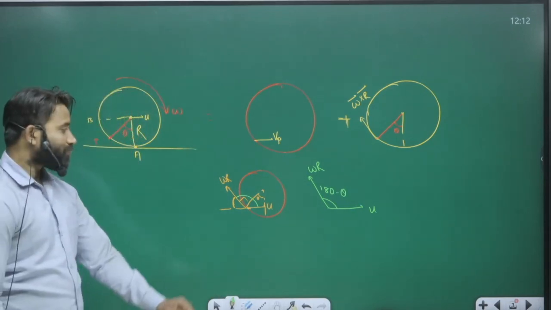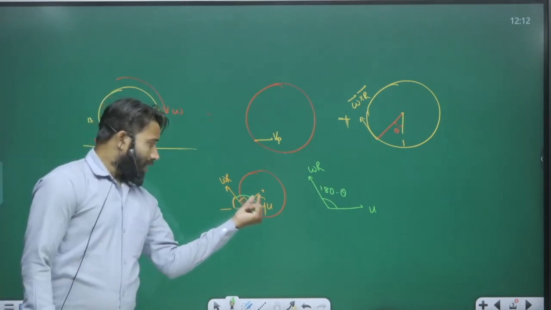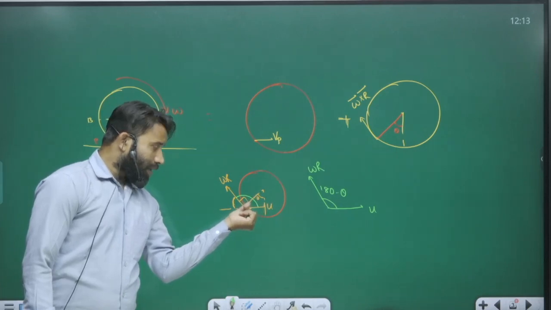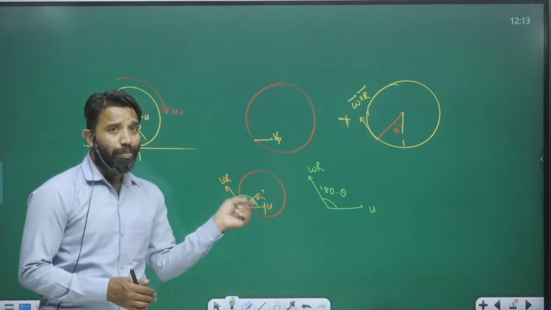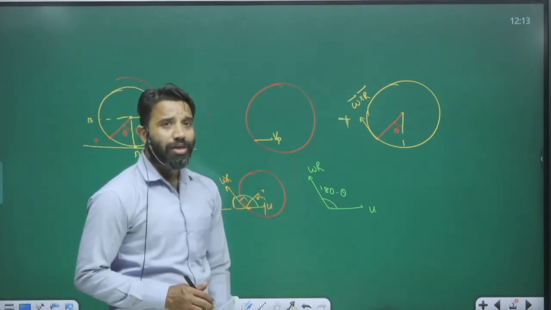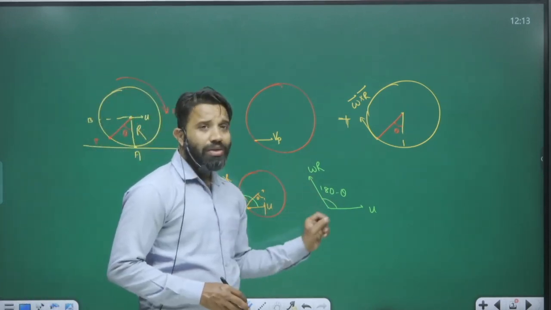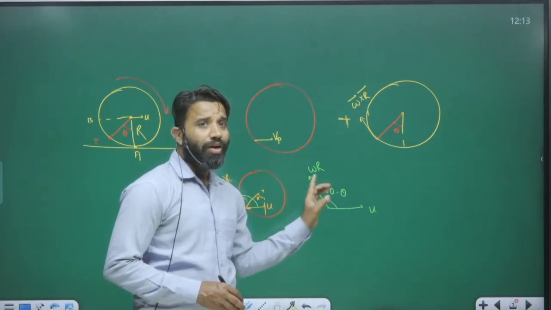Is it okay? What we have seen is that if this angle is theta, this will be 90 minus theta, and this is 90. So the whole angle will be 90 plus 90 minus theta, so 180 minus theta. Now, we need to find the resultant of these two vectors, u vector and omega r vector.